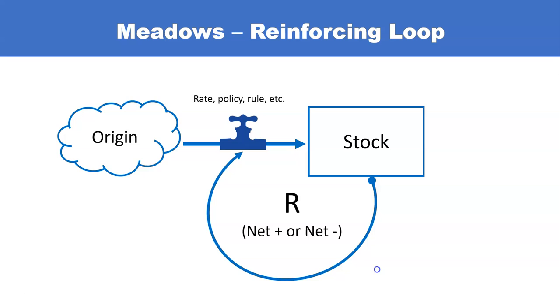And so it reinforces the direction of the inputs and then affects the rate. When we talk about rate, that could mean the policy or the rule or what have you, represented by this valve over here.